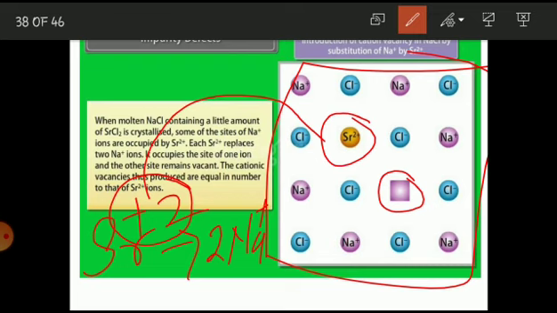That sodium ion was the host atom, and this is called a foreign atom, and due to this the defect arises, and this defect is called impurity defect because we are adding the foreign atom, that is impurity, to the sodium chloride crystal.